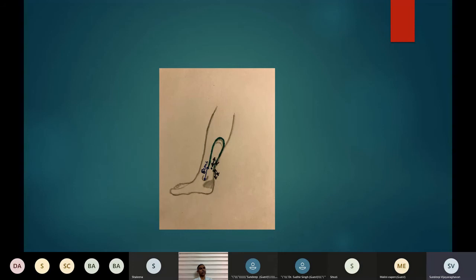Okay. What if the tendo Achilles was injured right at its calcaneal insertion? So then you would have to drill across the calcaneum and probably suture it through the calcaneum itself, sir. Like a tenodesis. Okay.